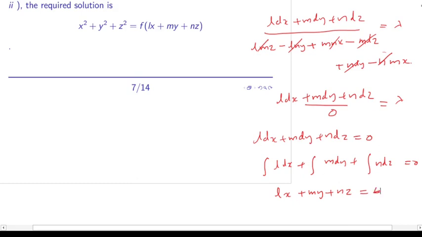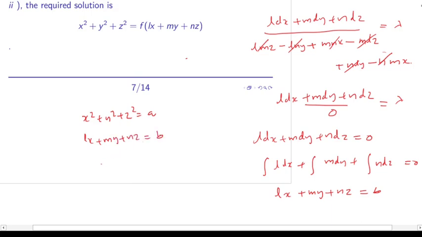So now we receive two particular relations. One is x square plus y square plus z square equal to a, and Lx plus my plus nz equal to b.